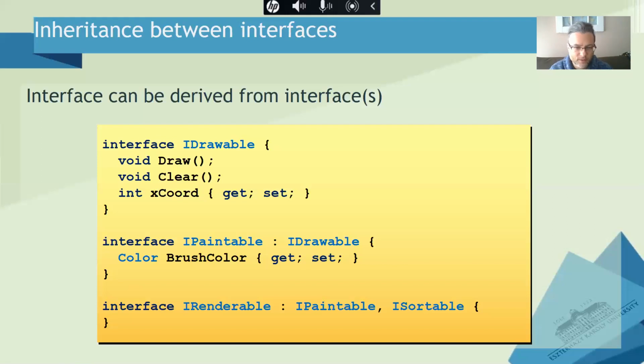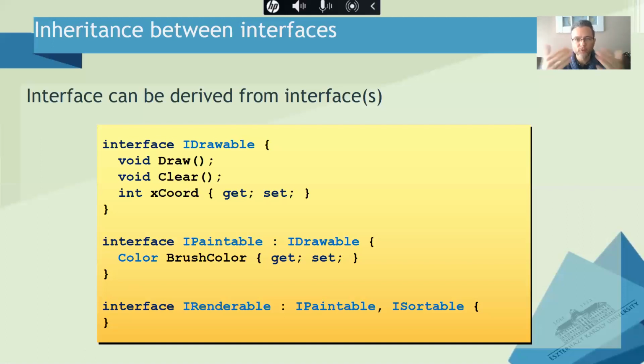Okay, and here at the end, I introduce a third interface, iRenderable. Just, let's say, in 3D graphics, if you have a 3D space full of 3D shapes with colors and so on, at the end you have to render the image.